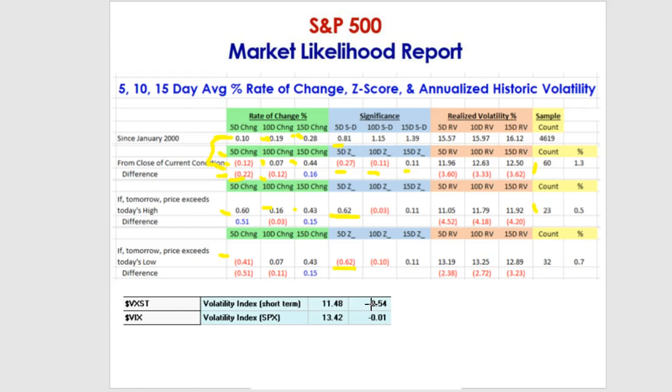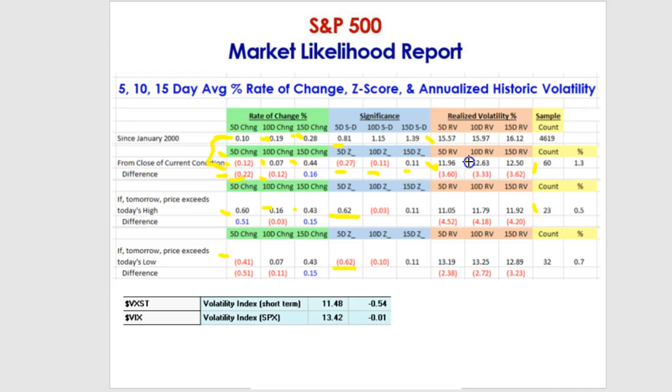In terms of realized volatility, the benchmark on average is an annualized realized volatility level, taken from 5, 10, or 15 bars, of roughly between 15.5% and 16%. Now, in terms of our 60 occurrences of our market condition, when you go back and look at what the realized volatility was in those situations, it's quite a bit underneath the benchmark.